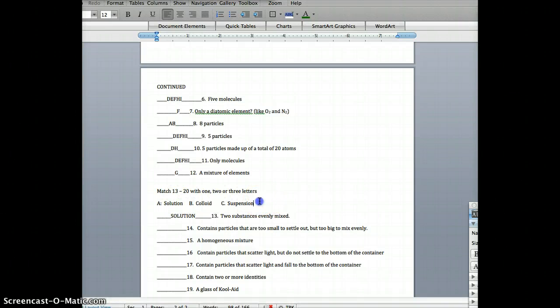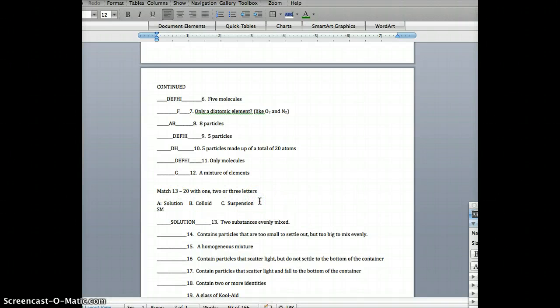You remember that solutions have small particles, colloids had medium particles that would scatter light. Suspensions have huge particles that settle when they stand. Okay, contains particles that are too small to settle out but too big to mix evenly would be a colloid. A homogeneous mixture goes back to number 13 to be a solution.